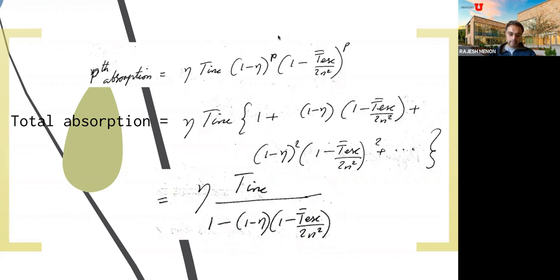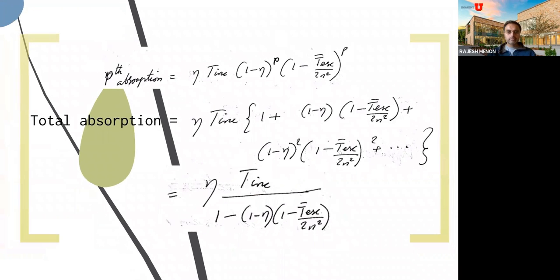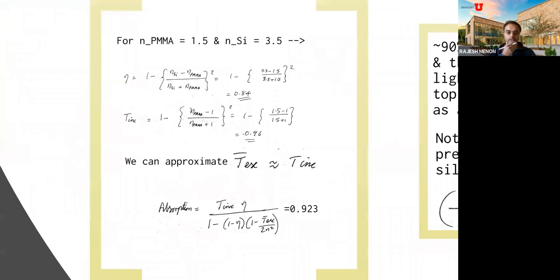Now, the T incident is important because that depends on the refractive index of the material. So let's plug in some real numbers instead of the algebra. Refractive index of PMMA is 1.5, silicon is 3.5. Plug in eta. Eta is the Fresnel loss, is this term. So 1 minus the Fresnel loss is assumed to be the absorption because we are assuming everything else is absorbed.